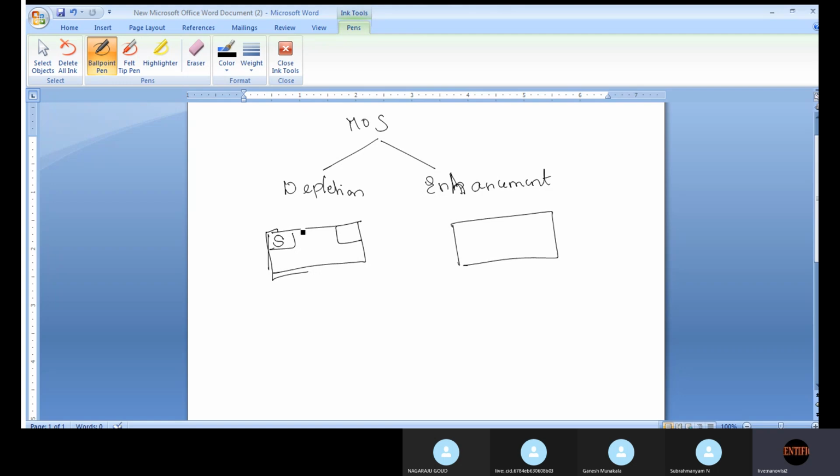This is source, this is gate, and this is drain. Here also you have source, this drain, this gate.